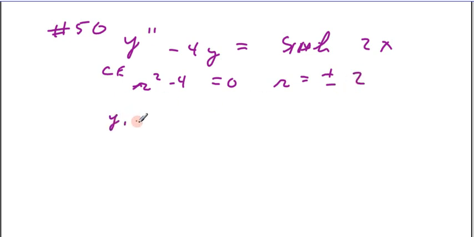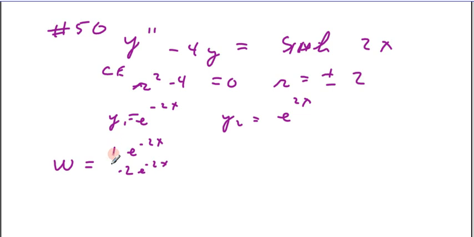So y1 is e to the minus 2x, y2 is e to the 2x. And we want the Wronskian: e to the minus 2x, minus 2e to the minus 2x, e to the 2x, 2e to the 2x, and I'm going to have 2 plus 2 is 4, so my Wronskian is 4.